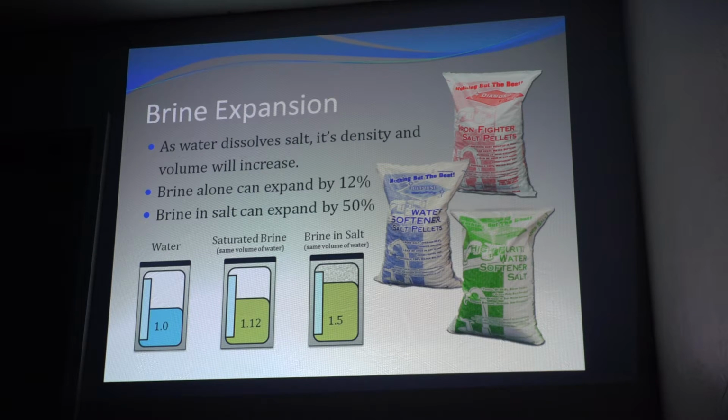Because you got to remember, a gallon of water dissolves 3 pounds of salt. A gallon of brine houses 2.66 pounds of salt. So if you want to have 3 pounds of salt in brine, you're going to have over a gallon of water, over a gallon of brine. So that's displacement. There's actually going to be some expanding of the solution.